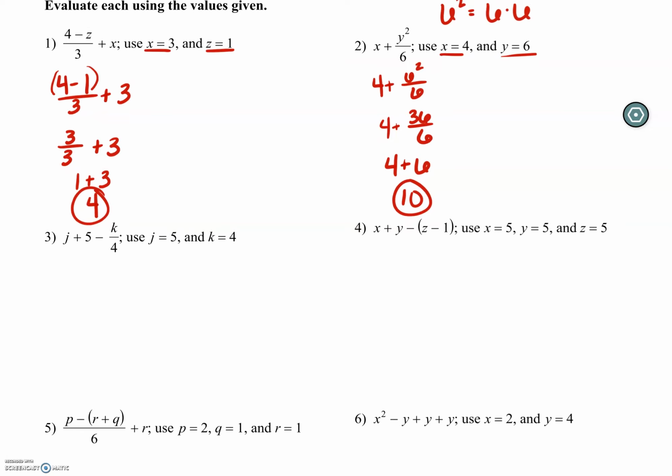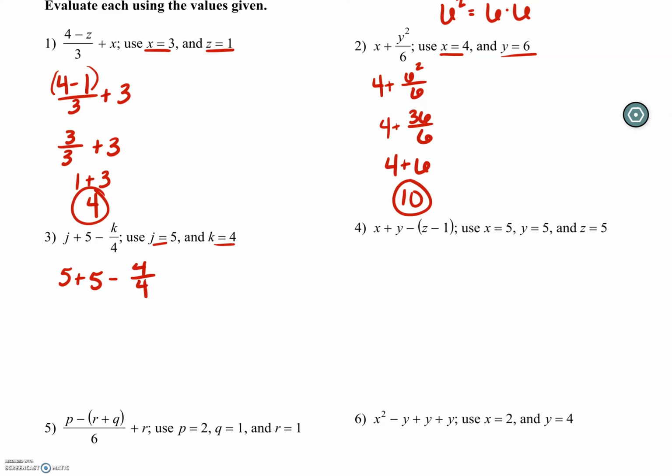Let's take a look at number 3. We have j plus 5 minus k divided by 4. And it tells us to use j equals 5 and k equals 4. So we are going to have 5 plus 5 minus 4 divided by 4.